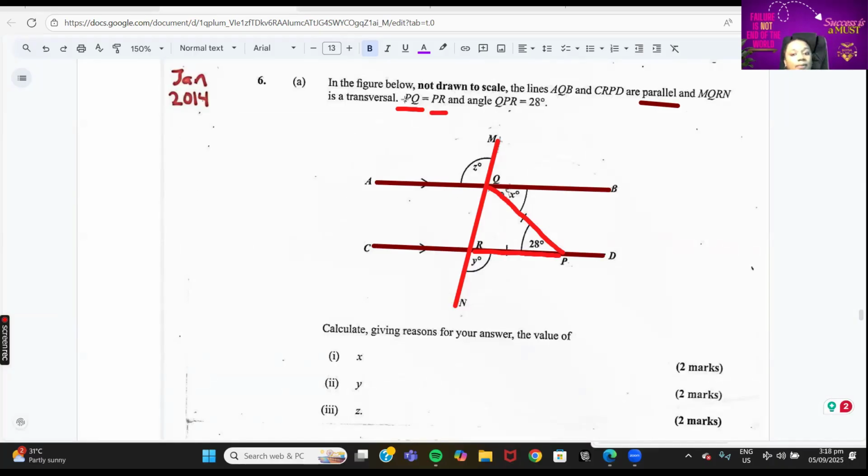When they say that PQ is equal to PR, the question does have a triangle here, right over here. It's called the isosceles triangle. Some of you are probably saying, yes, I've heard about it before.